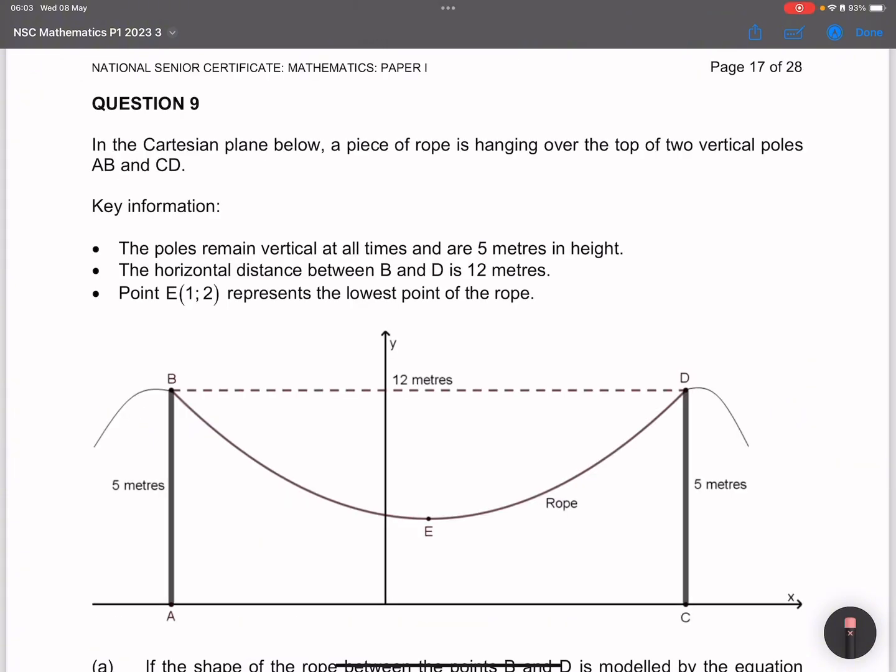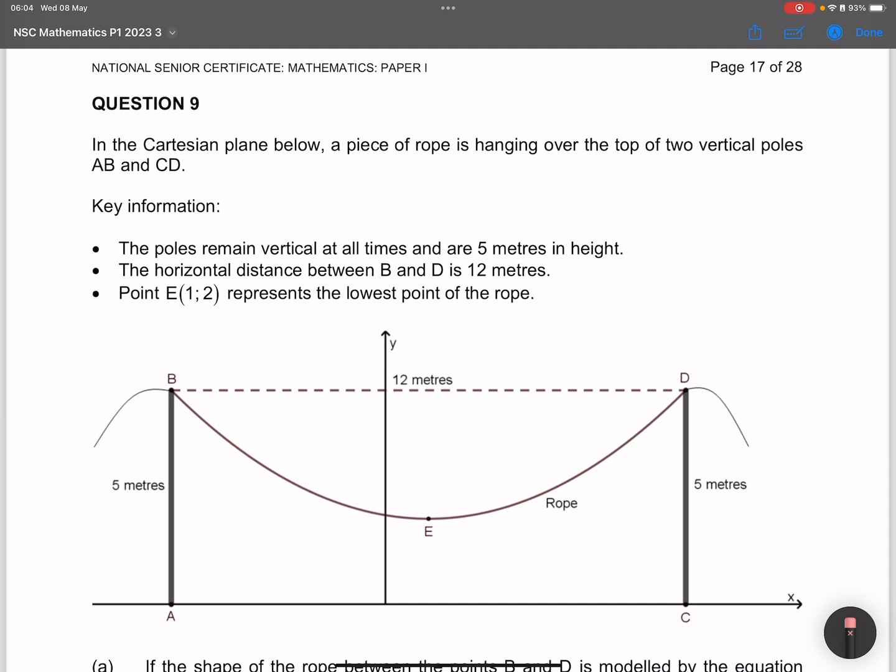So they say in the Cartesian plane below, a piece of rope is hanging over the top of two vertical poles, AB and CD. They say the poles remain vertical at all times and are 5 meters in height. The horizontal distance between B and D is 12 meters.